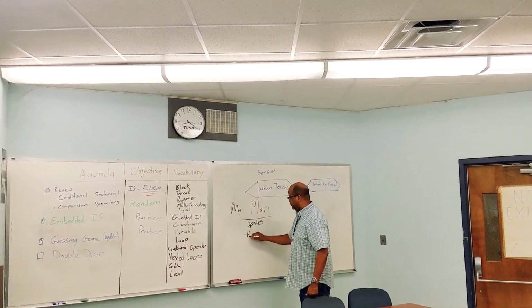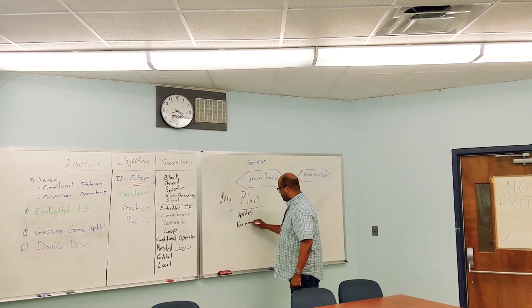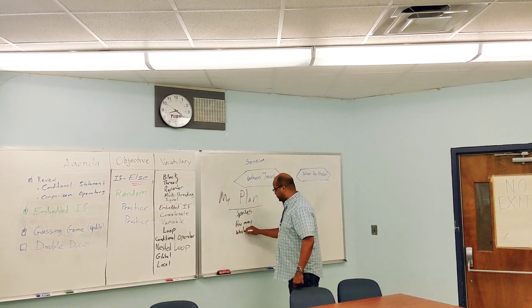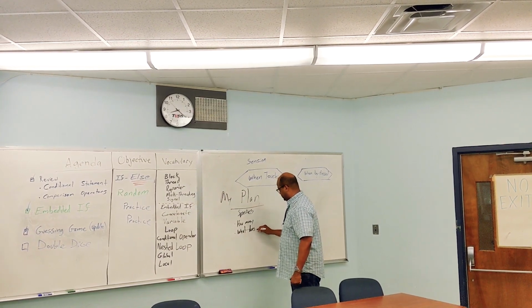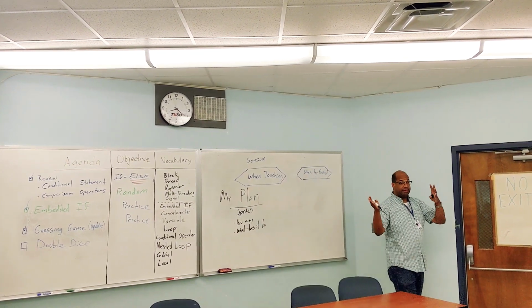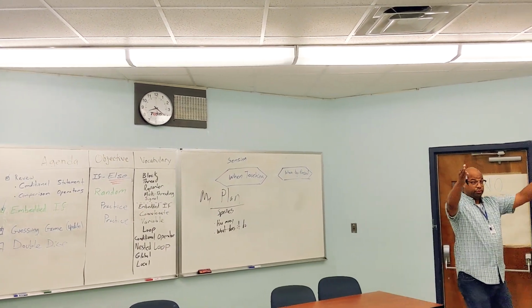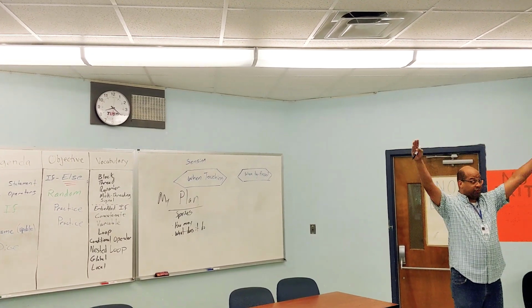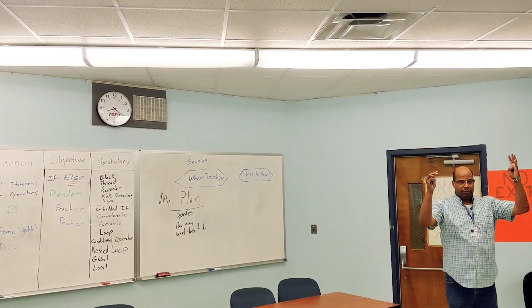How many sprites, and what does each one do? What does each sprite do? Remember, each sprite has its own editor page. It has its own group of threads.